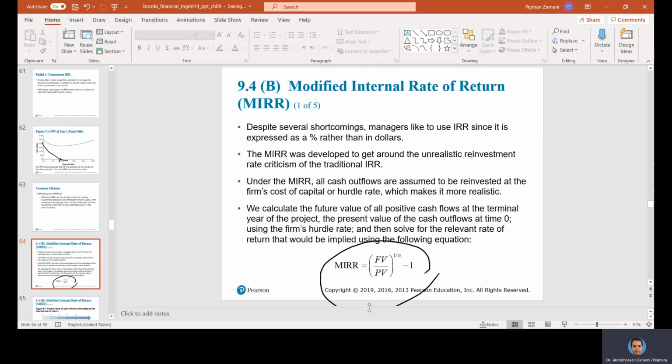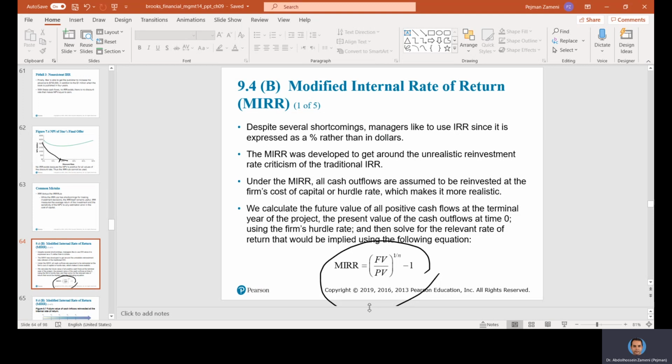The MIRR was developed to get around the unrealistic investment rate criticism of the traditional IRR. Under the MIRR, all cash flows are assumed to be reinvested at the firm's cost of capital or hurdle rate, which makes it more realistic.